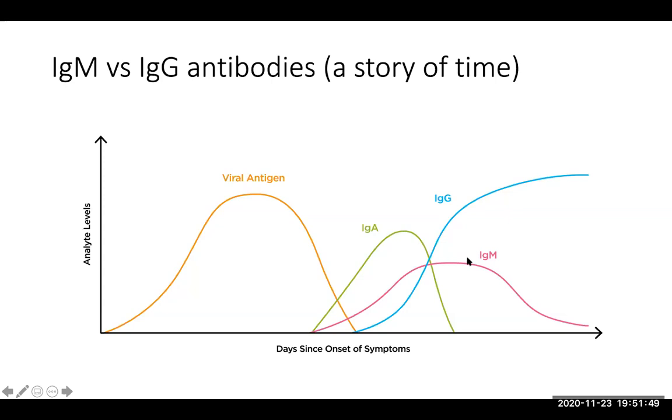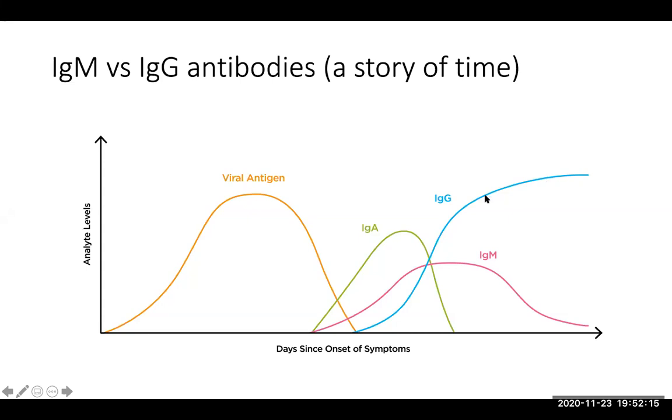So when you do a blood test on someone, if you see elevated IgM levels, then that would indicate that they're fighting an infection or they just recently fought an infection. But IgG would indicate that they have long-term immunity, and that could have been from a vaccination or a past infection.